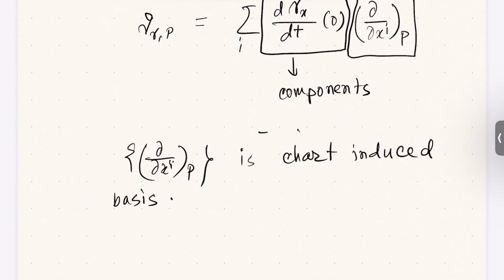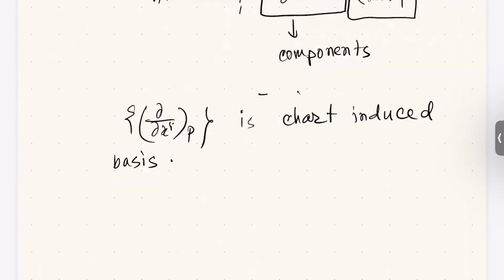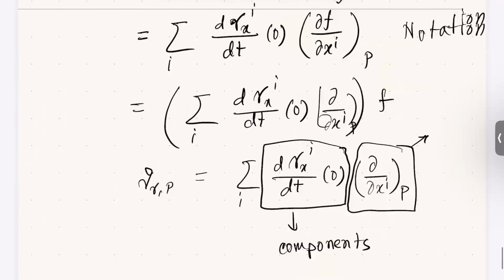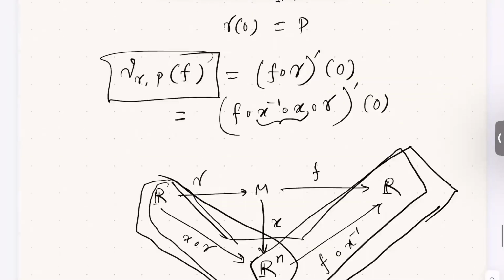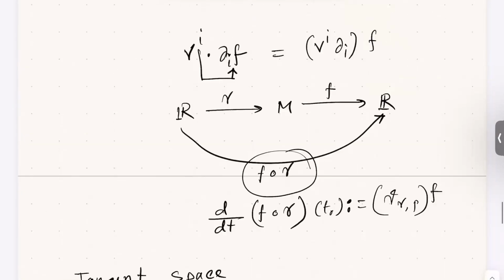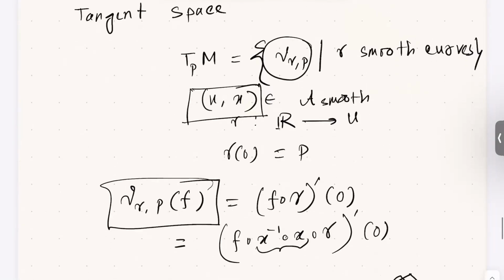That means for every point on the manifold, I can always consider a tangent space TPM, and I define TPM as a collection of all these velocity vectors.